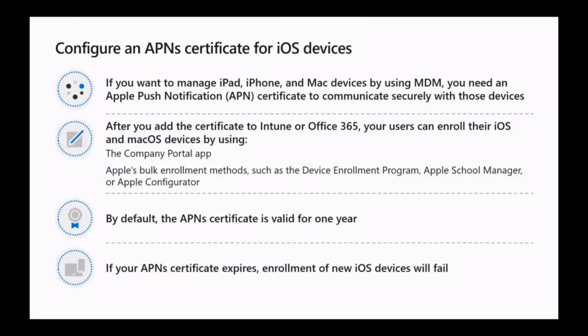After you add the certificate to Intune or Office 365, your users can enroll their iOS and macOS devices by using the Company Portal application or Apple's bulk enrollment methods, such as Device Enrollment Program, Apple School Manager, or Apple Configurator. By default, the APN certificate is valid for 1 year only. So if your APN certificate expires, enrollment of new iOS devices will fail. So you need to renew that certificate on a yearly basis.